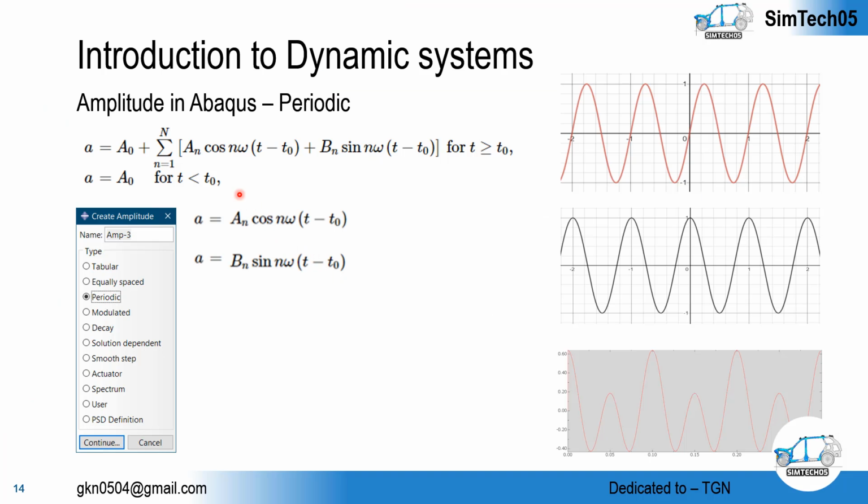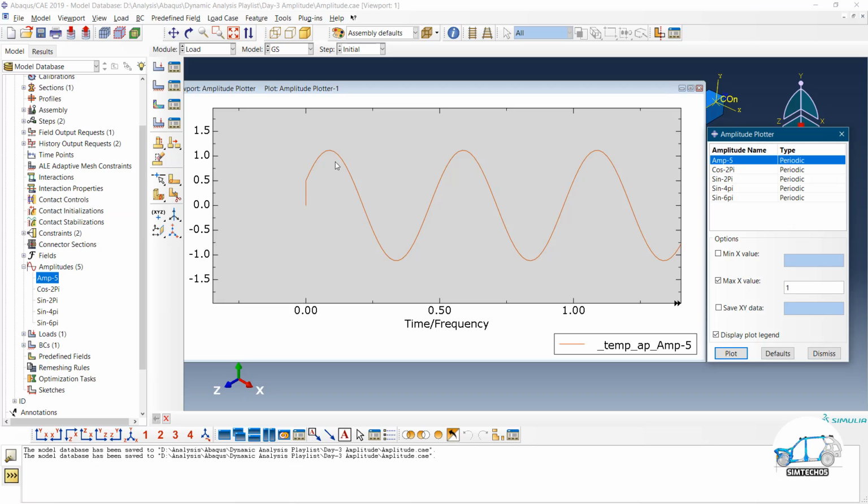One more important point: as we have the n value here, it's not necessary to define the n value, an and bn, only one time. You can define a1, a2, a3, similarly b1, b2, b3 multiple times.